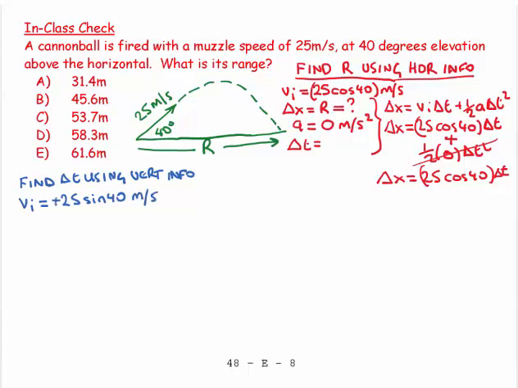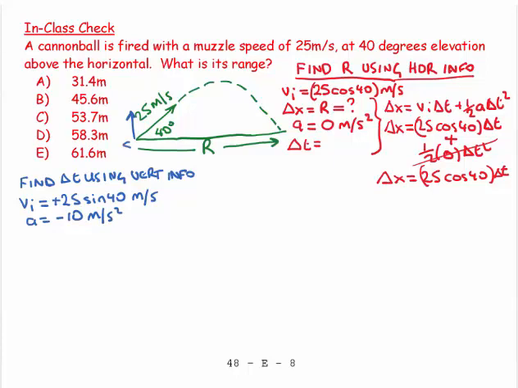If that's an issue, then you need to review your trig, because hopefully you can see that the vertical component is going to be the sine of 40 degrees. And I know that my acceleration vertically is minus 10 meters per second squared because it's pointing downwards.